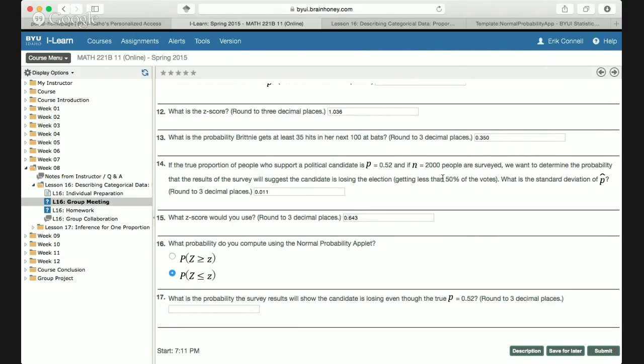Yeah. So that would be 49% or 0.49. And then you take 49% of your 2,000 people surveyed, that gets the number of people observed in the negative, right? Yes. And then you take that number as your x and divide it by your n, which is 2,000, to get your p hat. I think that makes sense. We'll see. That sounds logical to me, at least.